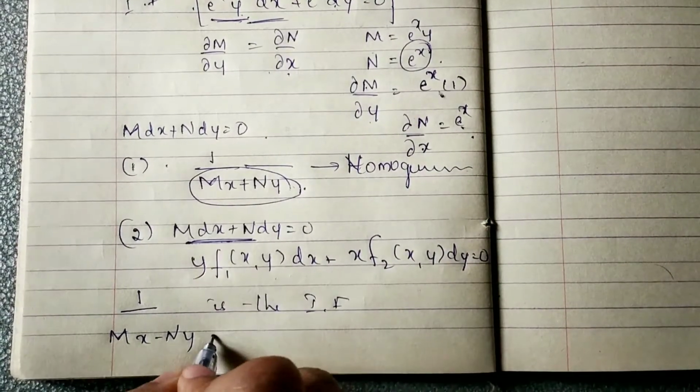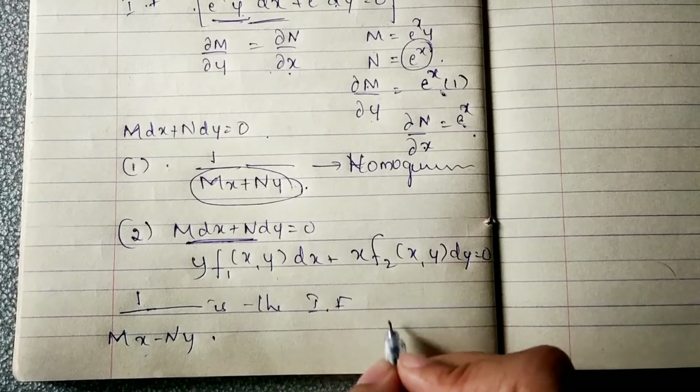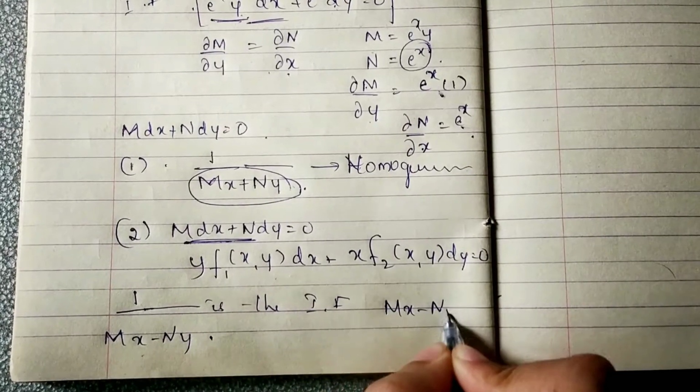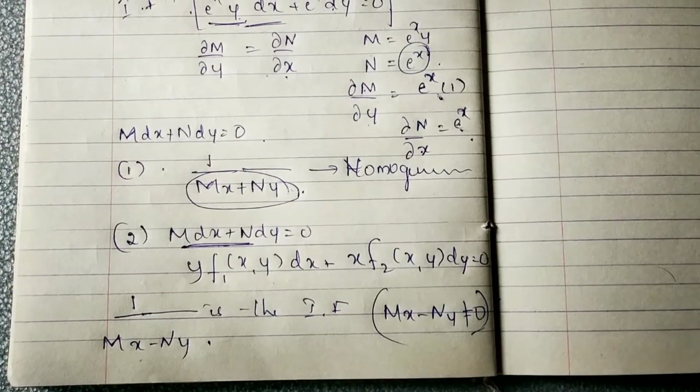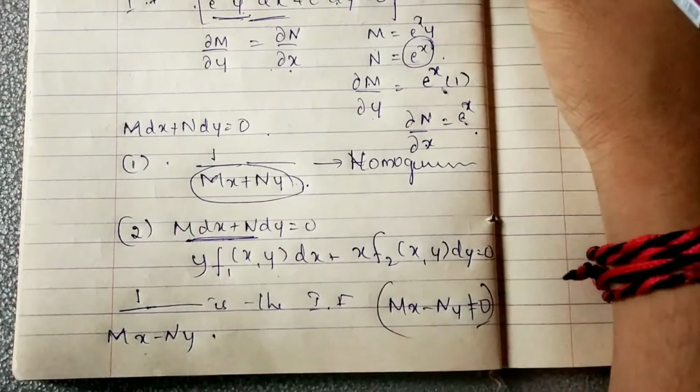Here you note that the term in the denominator, which is Mx minus Ny, should not be equal to 0. These are the two rules.